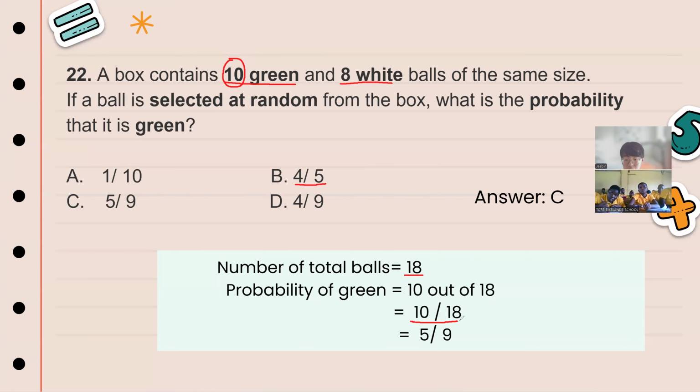So 10 divided by 18 is equal to 5 over 9. And again, we divide by 2 on both the numerator and the denominator. That's why the answer is C. 5 over 9.